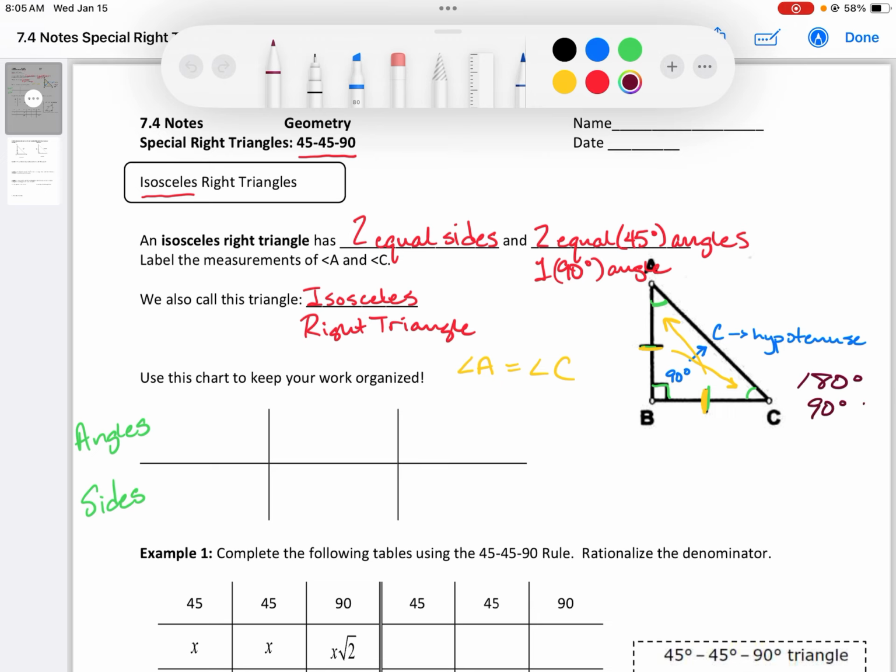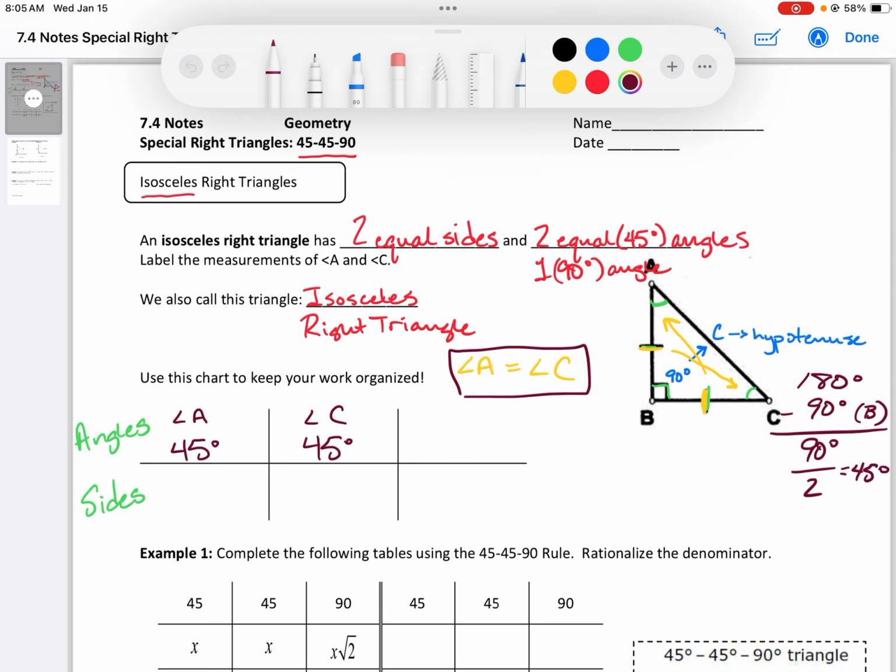Angle B is 90, so what's left is 90. We said A and C are equal, so they're sharing that 90 degrees, and they each equal 45 degrees. So angle A is 45 degrees, angle C is 45 degrees, and angle B is 90. That's what makes it a right triangle.